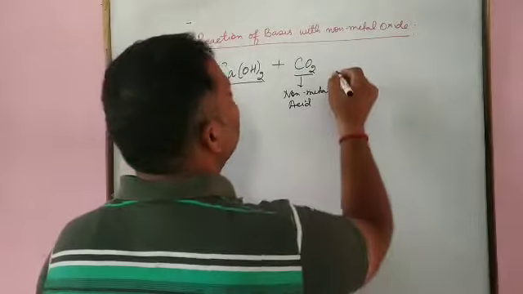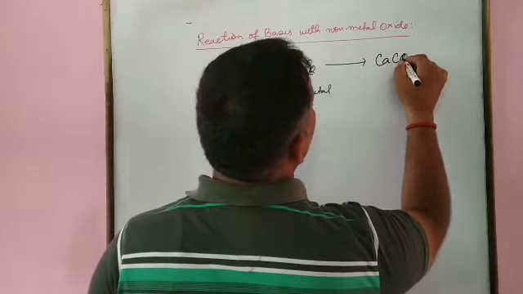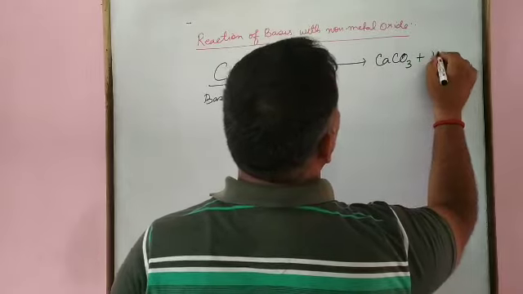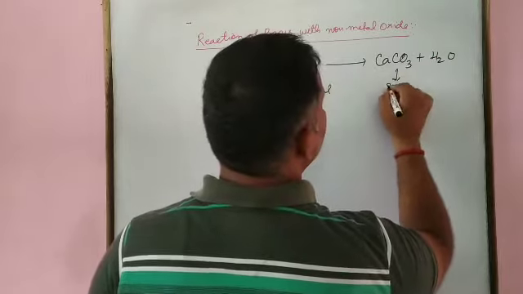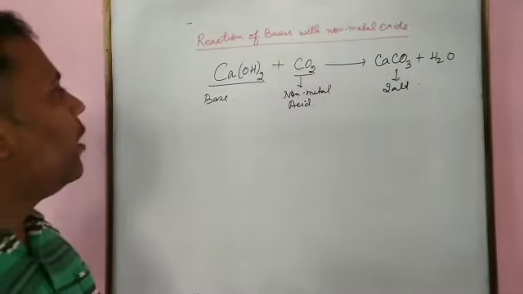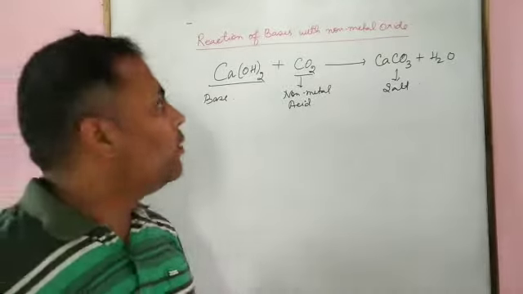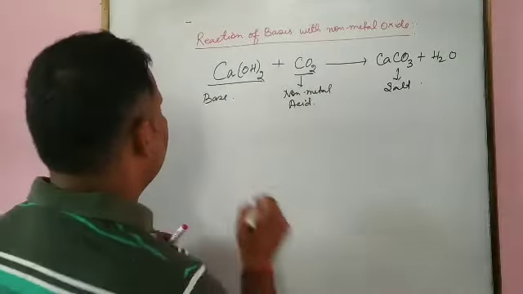Next, they will form calcium carbonate plus water. This one is salt plus water. It means bases react with non-metal oxide to form salt and water.